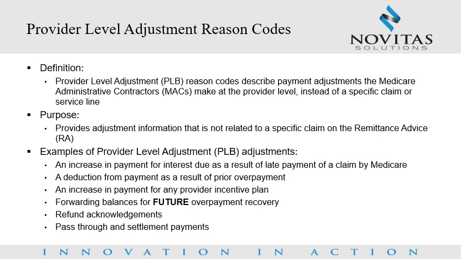For example, adjustments described by the provider-level adjustment reason codes may include an increase in payment for interest due as a result of late payment of a claim by Medicare, a deduction from payment as a result of prior overpayment, an increase in payment for any provider incentive plan, forwarding balances for future overpayment recovery, refund acknowledgments and/or pass-through and settlement payments.